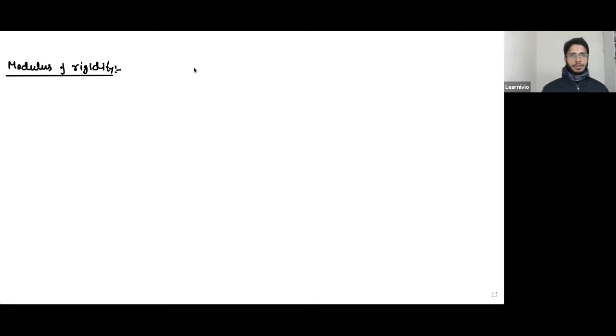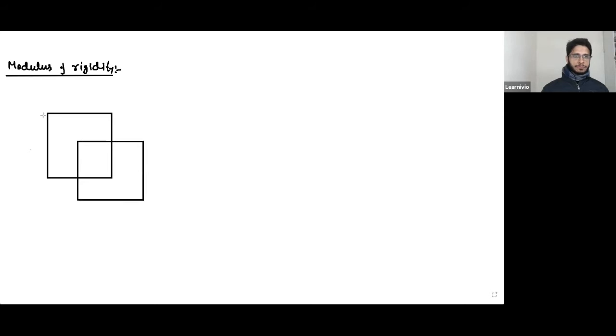So change in shape is like, say, take this as a slab. Not slab. Take a three-dimensional figure that would make it clear. Say it's a cube.